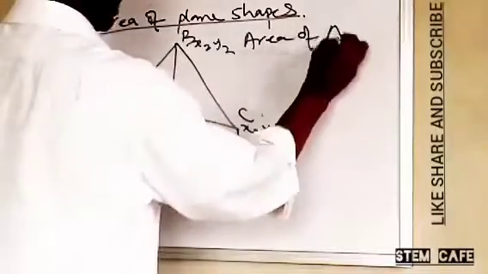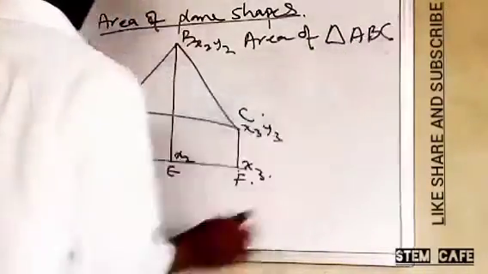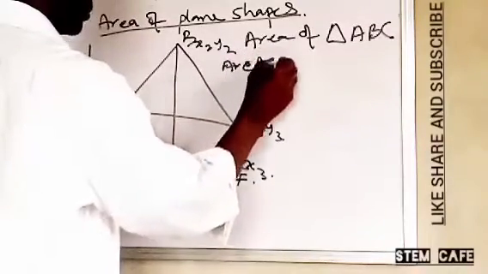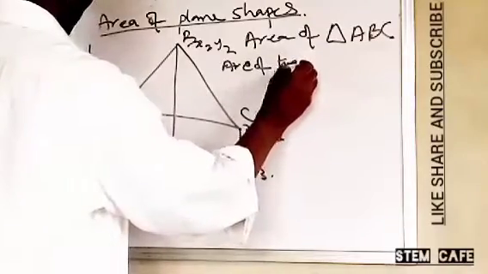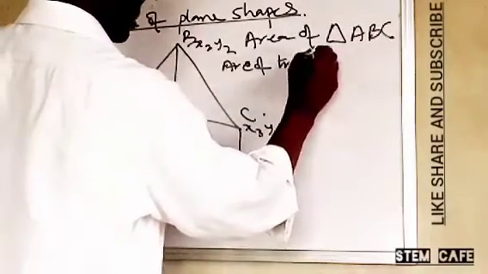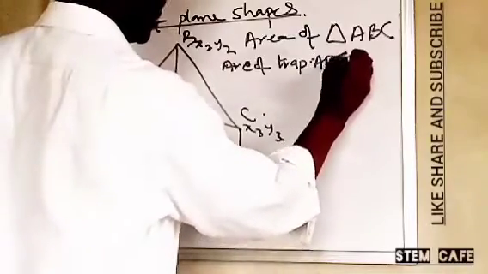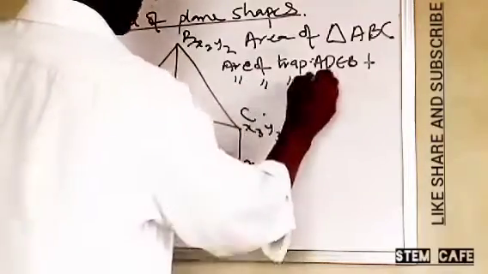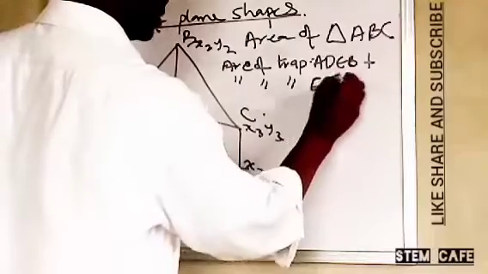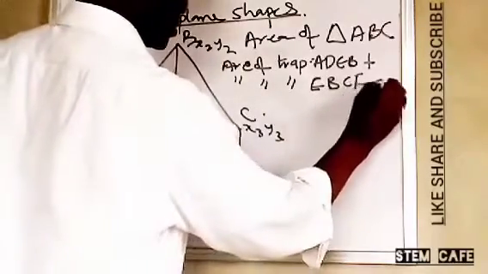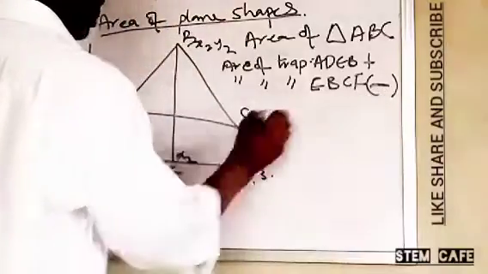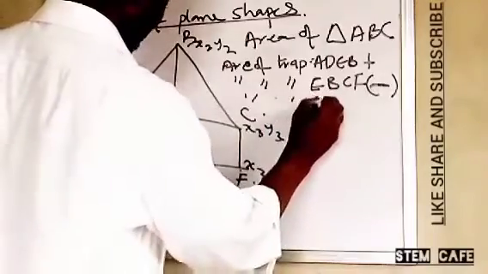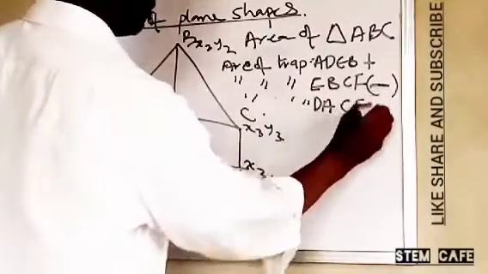Area of triangle ABC will be area of trapezium ADEB plus area of trapezium EBCF minus, subtract, area of trapezium DACF.